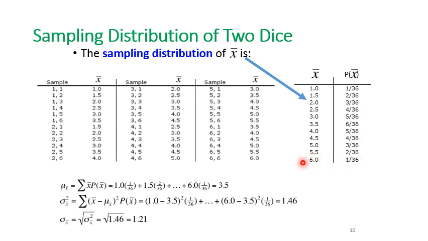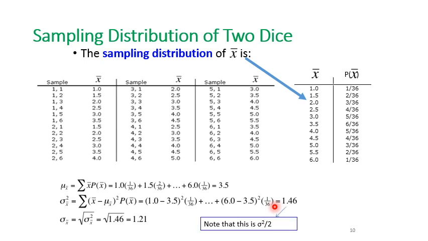The last value of x bar is 6 minus the mean of x bar, 3.5, all square times the corresponding probability, which is 1 over 36. This will give me 1.46. So this is the variance of x bar.